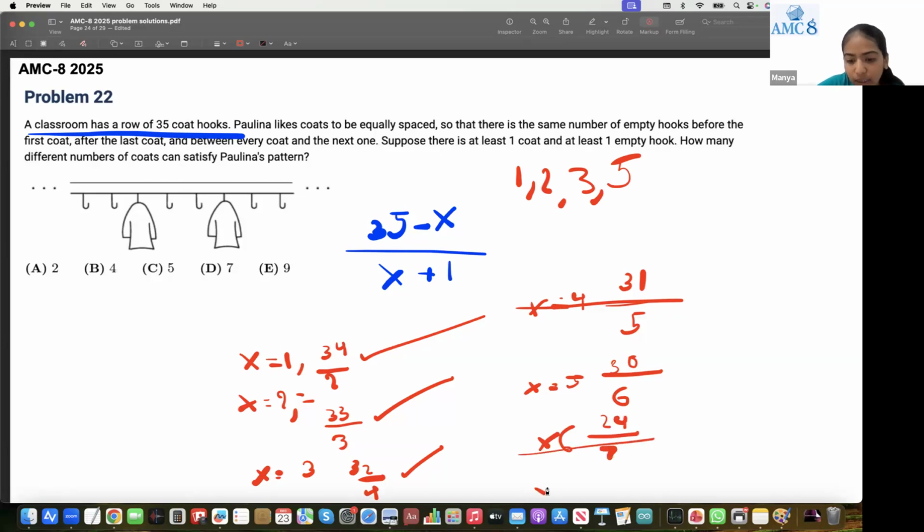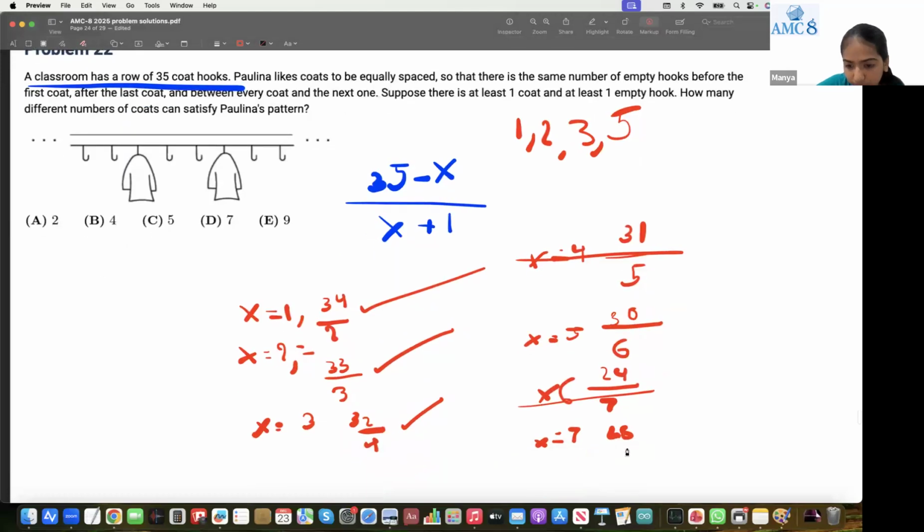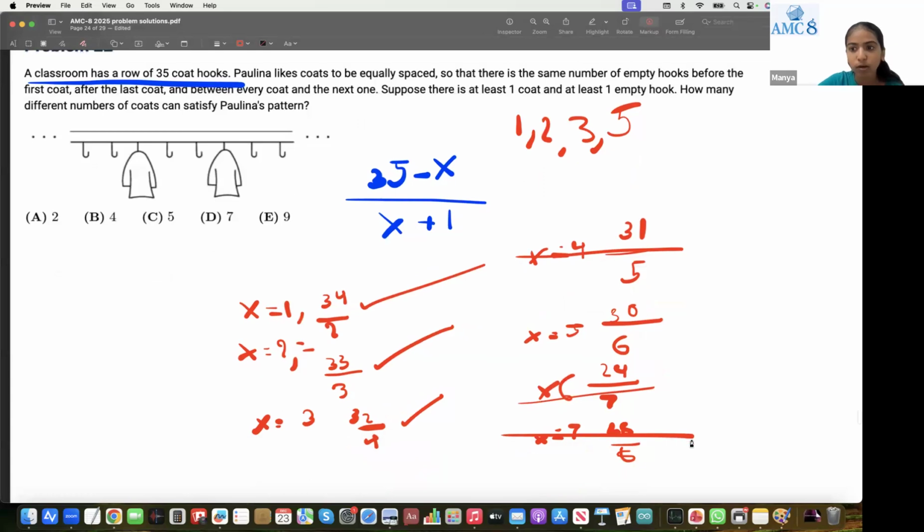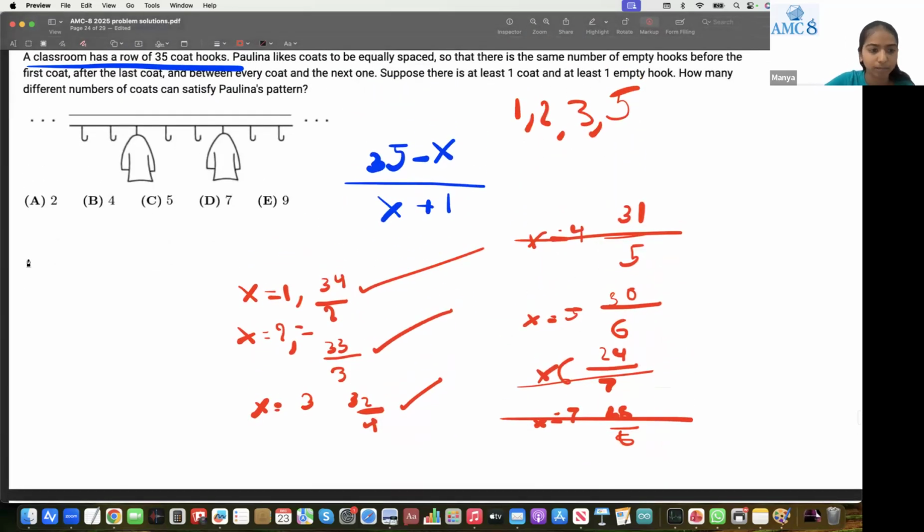How about x equals 7? We will be getting 28 by 8, which cannot work either. That will not be an integer. How about, I'll write it over here, x equals 8.